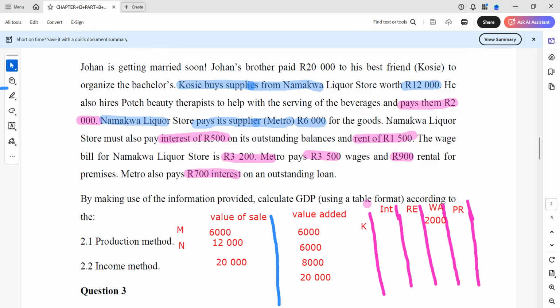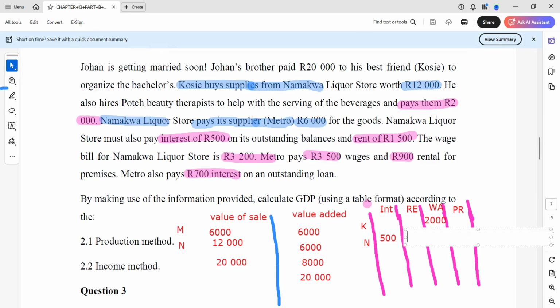And then it continues to say Namakwa Liquor Store pays its suppliers Metro 6,000 for the goods. Namakwa Liquor Store also pays interest of 5,000. Okay, so now we have Namakwa and they pay what? Interest of 5,000. So we have interest here. Then we're going to record it. It's 500. Sorry, guys, 500. And then on its outstanding balance and a rent of 1,500.